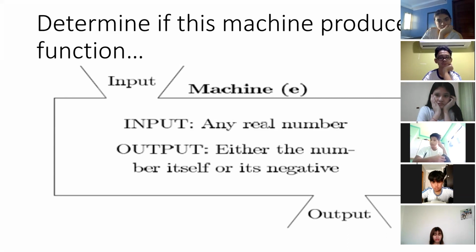That defies the definition of a function, wherein a single domain will be paired with only one range. In this example, machine E will generate two values of your range, the positive value of itself and the negative value of itself.